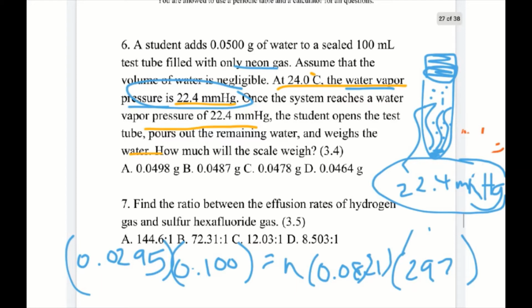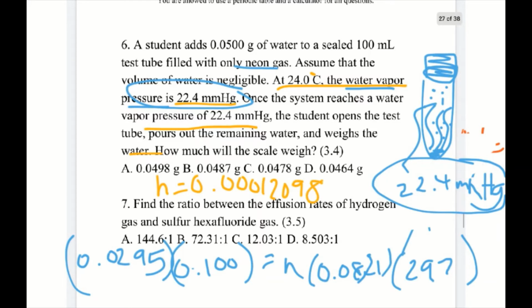And doing the math, you get 0.0295 times 0.1 divided by 0.0821 divided by 297, and you get that the number of moles of water needed to create this water vapor pressure in the container is 0.0001298.